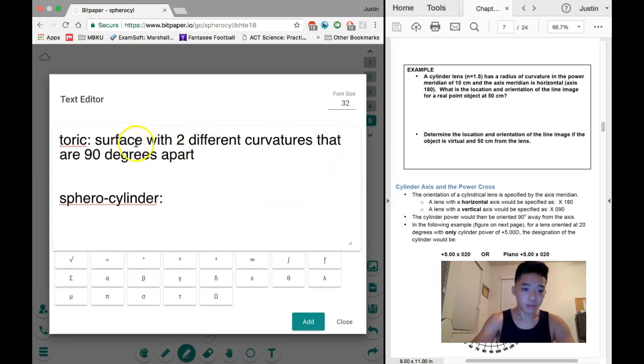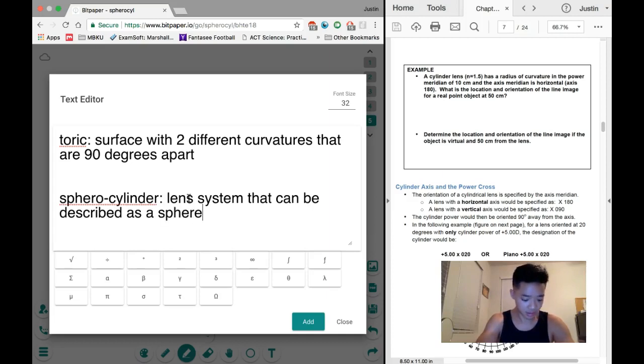So the key thing to understand is that torque describes a surface, whereas spherocylinder, when we want to be accurate with the term, is a whole lens system that can be described as a sphere surface combined with a torque backside surface.